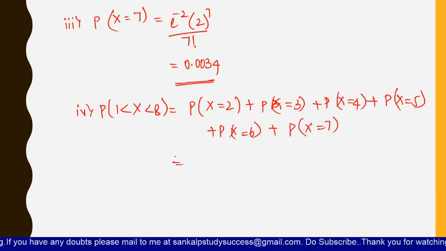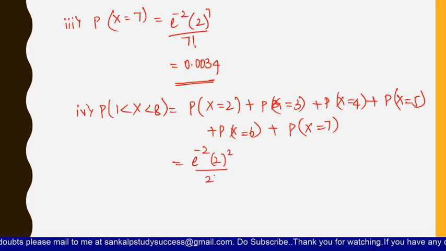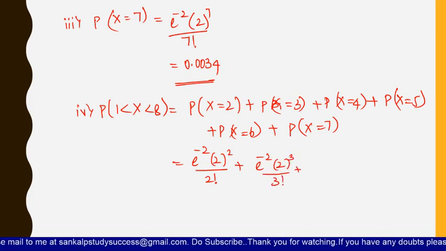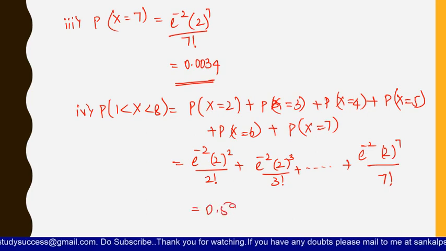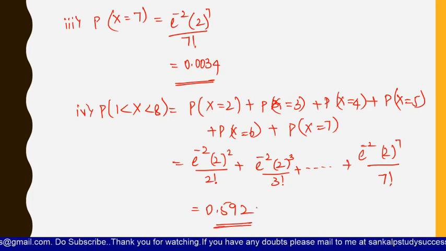That means if you add all these values, that means e power minus lambda, lambda square by 2 factorial plus e power minus lambda, lambda cube by 3 factorial plus and so on, like this up to e power minus 2, 2 to the power of 7 by 7 factorial. If you add all these values, then you will get the value as 0.592. So this is the value if you compute the probability of 1 less than x less than 8. So in this way you can find the problems of Poisson distribution.